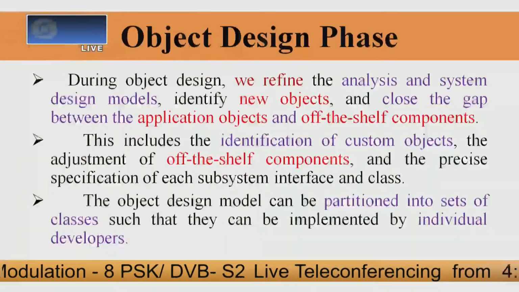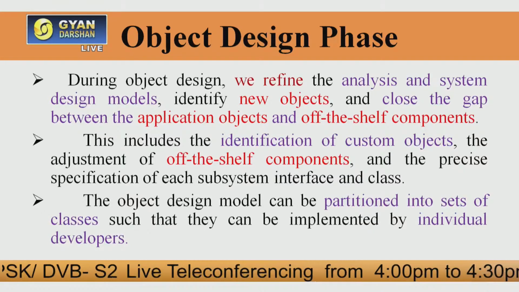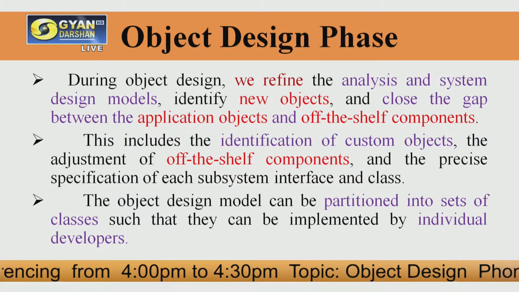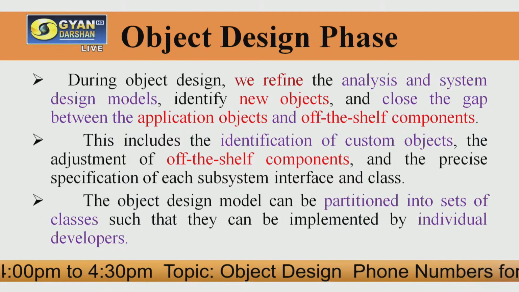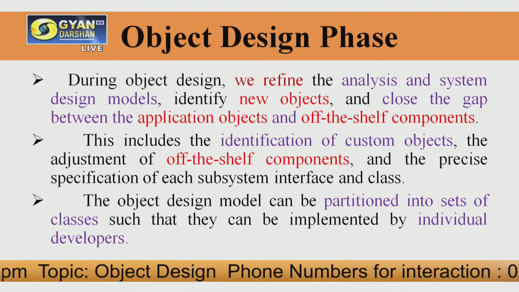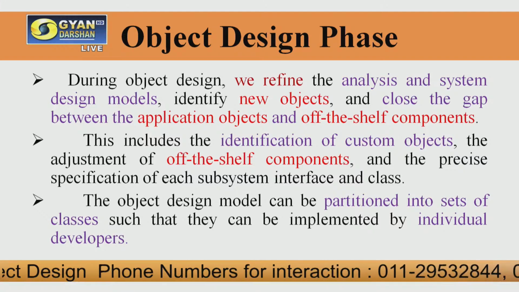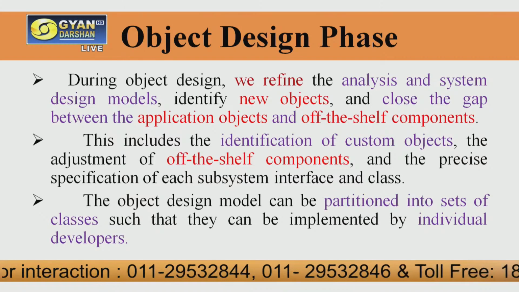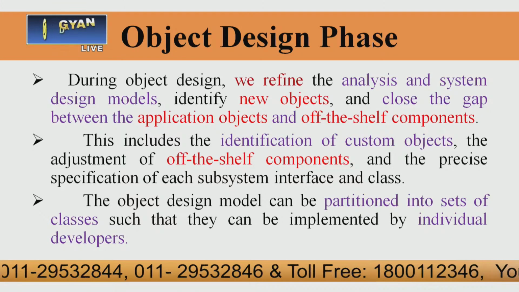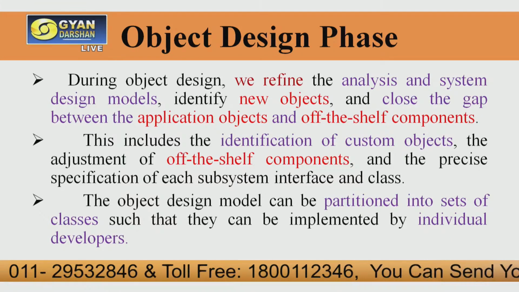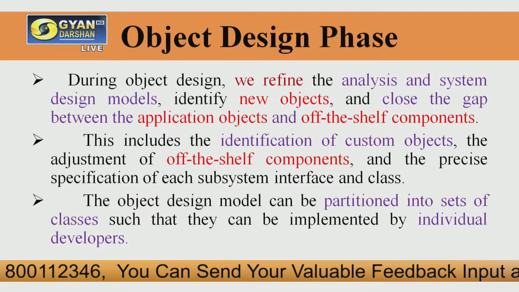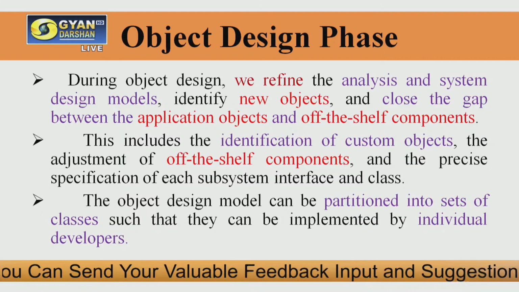That will be our application object, and off-the-shelf components will be those software components or subsystems which are already developed and available as ready-made components, and we engage them in our development. So there should be proper sync and communication between the application object which we have developed and the off-the-shelf components we are using, so that they can easily understand each other and communicate with each other.